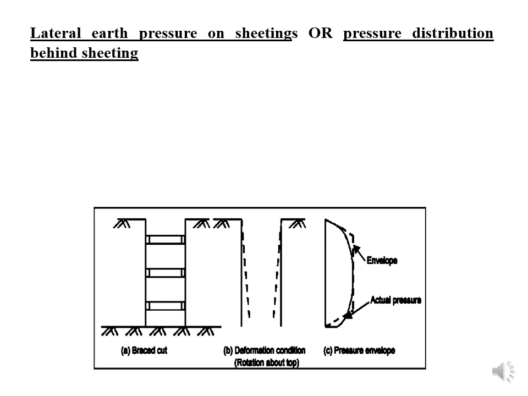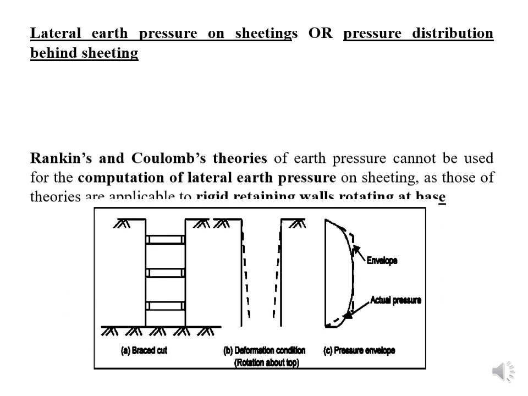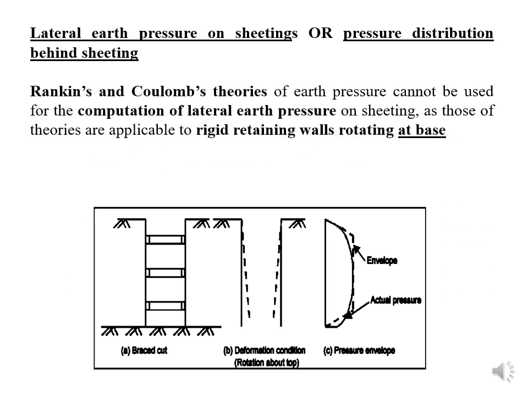So we shall talk about this topic. Rankine and Coulomb theory, we have already talked about in the earth pressure chapter, to determine or calculate the earth pressures on the retaining wall.